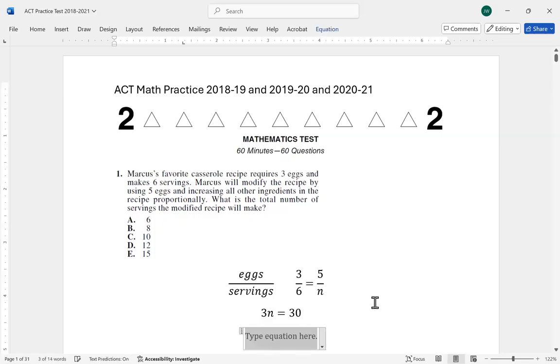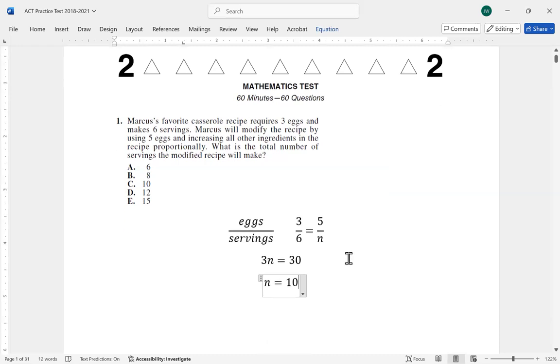So dividing both sides by 3 gives me N equals 10. So if you wanted to go through cross multiplication or by just noticing that this fraction is 1/2, and to get 1/2 here, you'd need N equals 10. Either way is fine. 10 is the final answer. So the answer to question number 1 is C, 10.